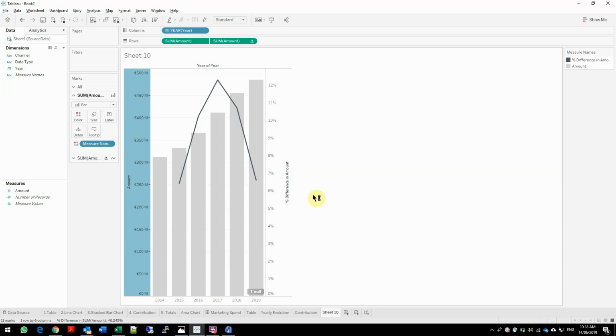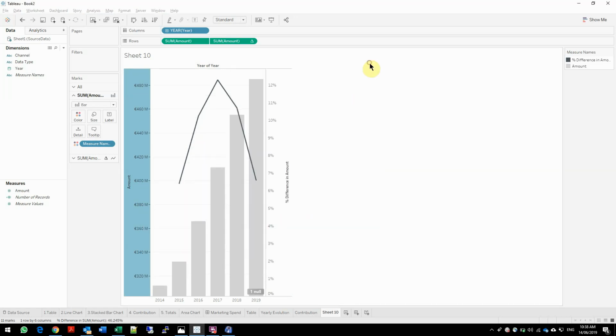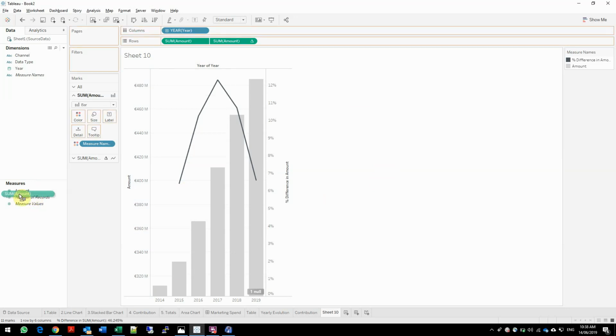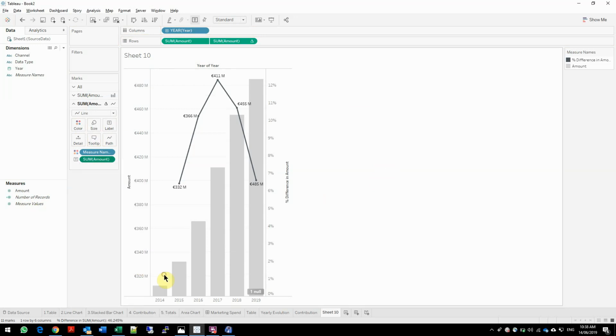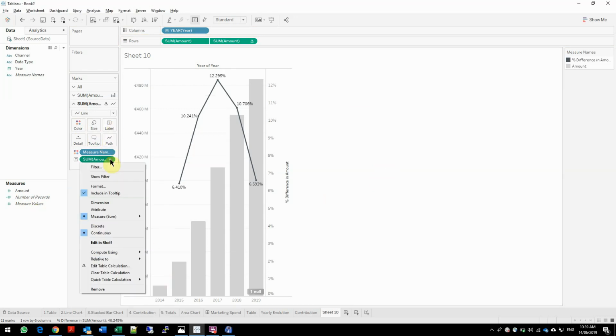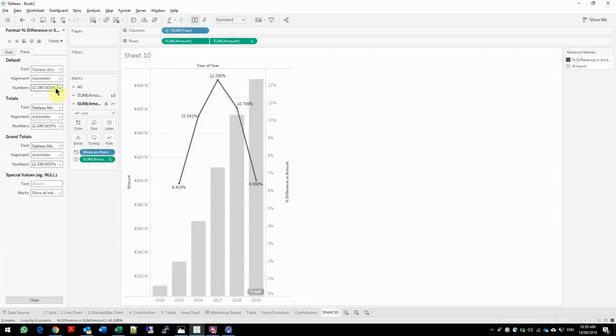However, in order to make it more relevant, I want to exclude the 0, and I want to see the actual percent difference in the graph. So percent difference, and I want to format my percentage to show only one decimal.